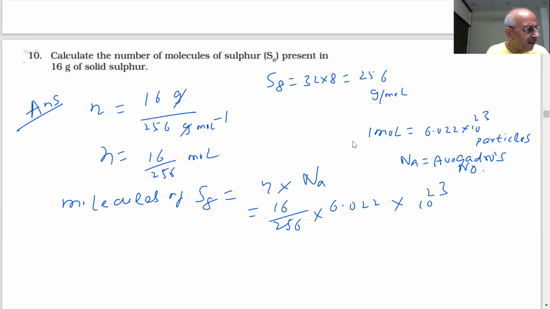All right, calculate the value. What are you getting? This will be a very large value. You can calculate this value. It may come around 3.76 into 10 power 23 molecules.